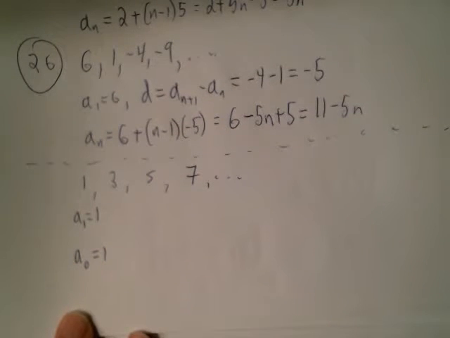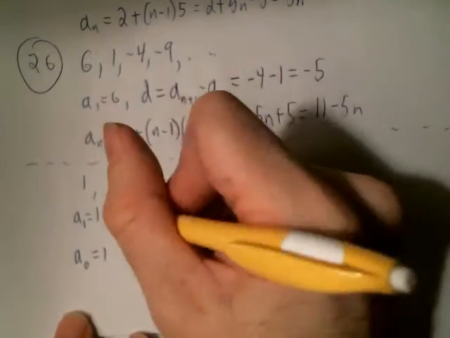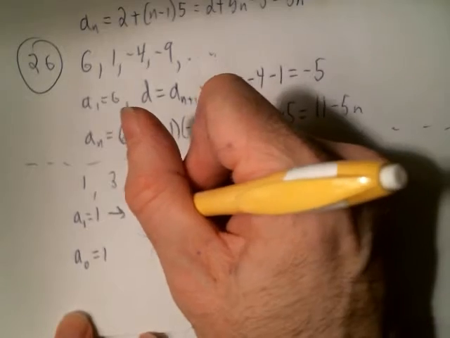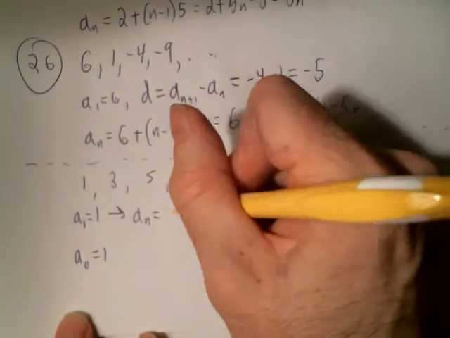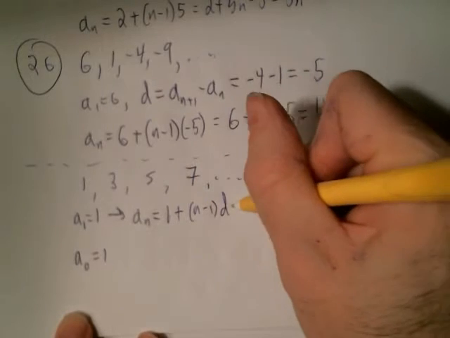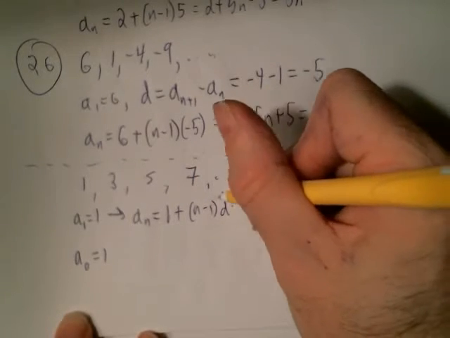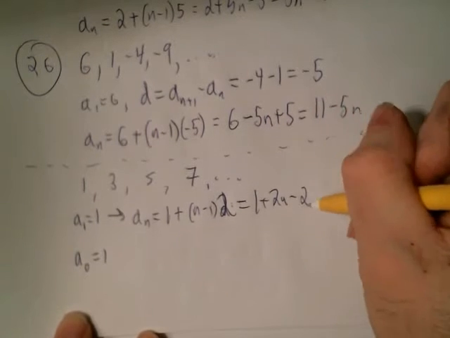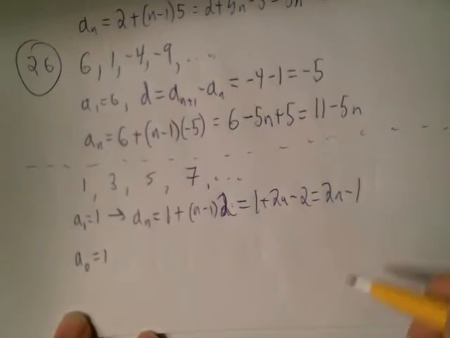Can I use the same formula? Okay, so in this case, the formula is a sub n equals a sub 1 plus n minus 1 times d, where the d value is, of course, 2. So it's 1 plus 2n minus 2, which is 2n minus 1.